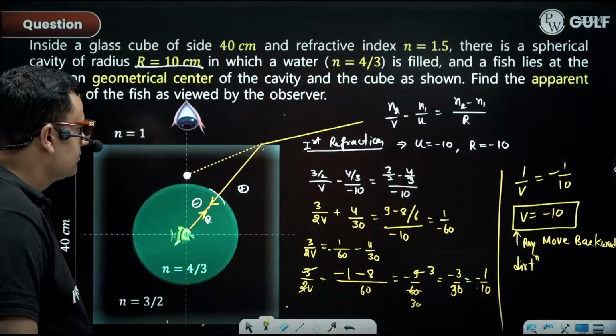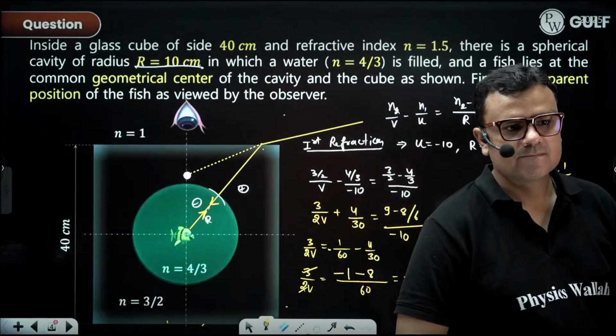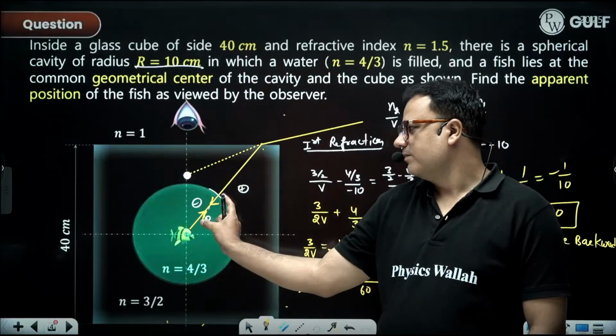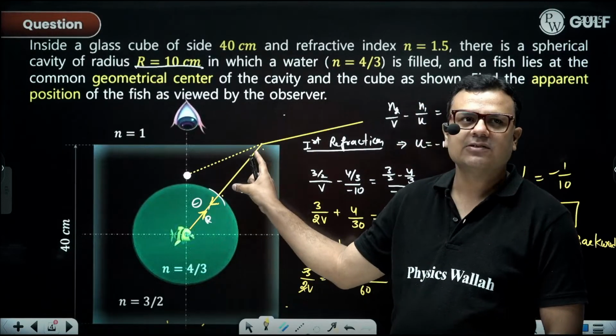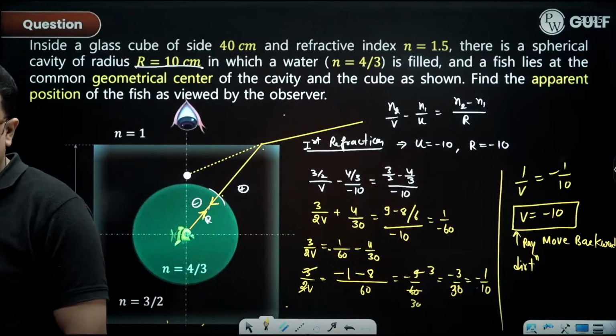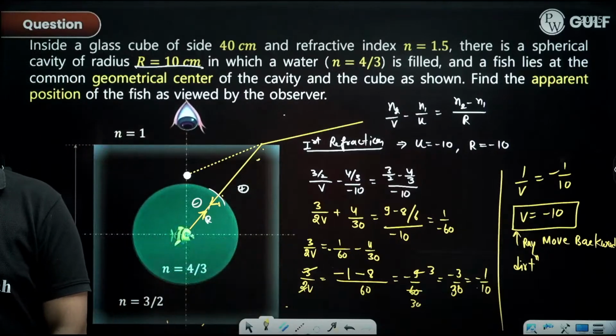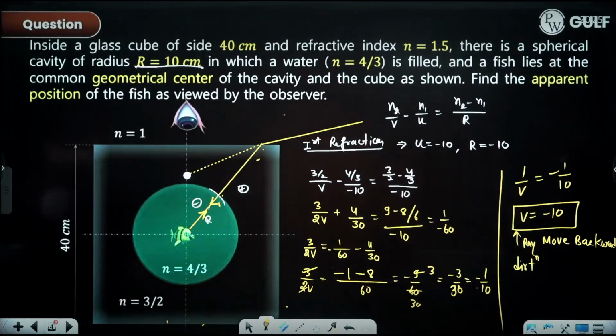So the answer is not correct. Is it positive then? This is the 10 from this one to this one. What about this distance? That's positive 10. This is the 10. What about this distance? 30.